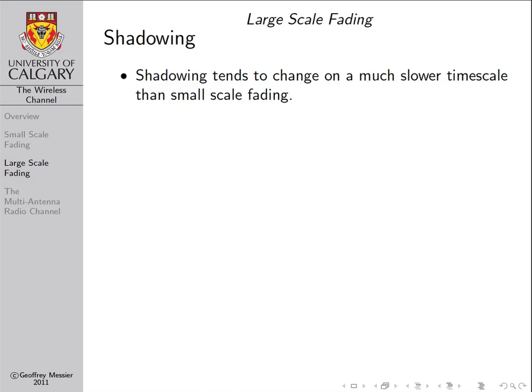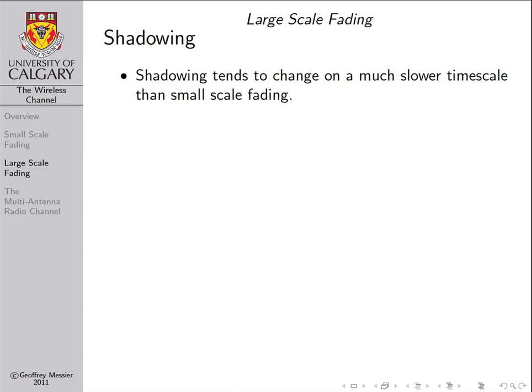However, shadowing changes much more slowly than small scale fading, and when we think about this for a few minutes, this should make sense. Recall, small scale fading is caused by the constructive and destructive interference of the radio waves arriving at the receiver.